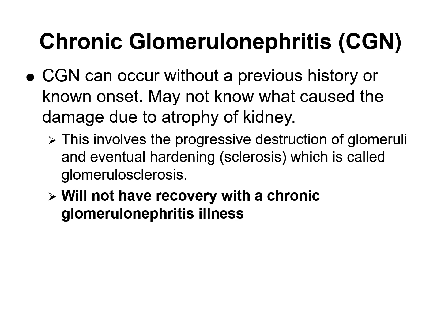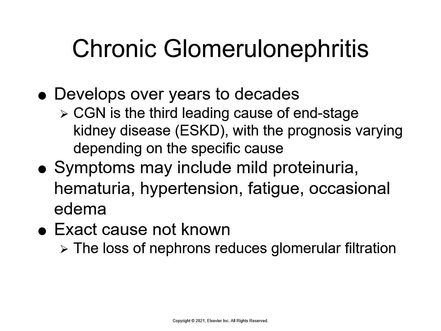You can manage it, but it will not go away. It will develop over years to decades. It is the third leading cause of end-stage kidney disease, and the progress varies depending on the specific cause.